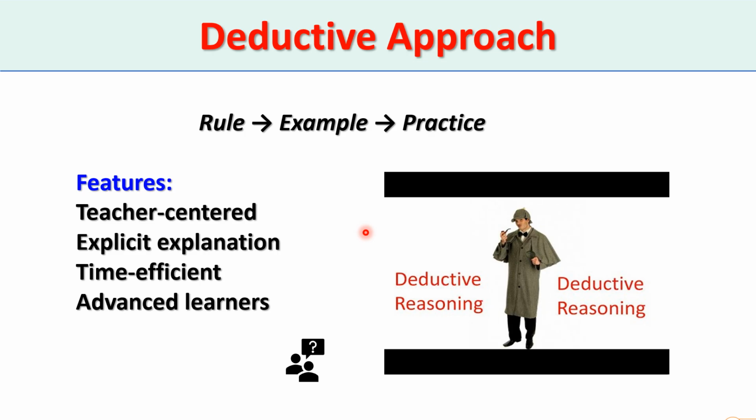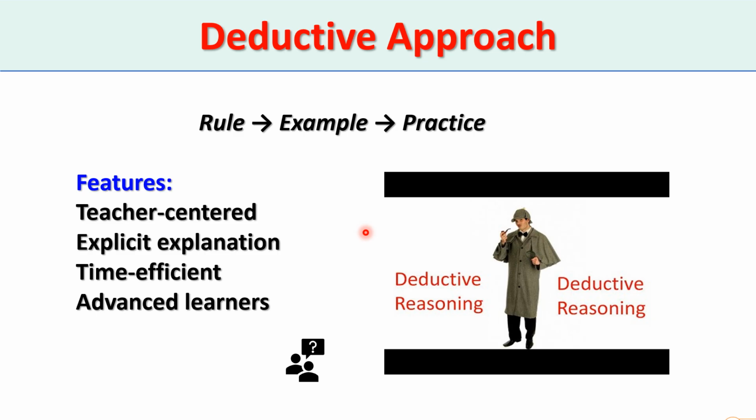And 2, saving time, or time efficiency. Teachers can explain a complete grammar point quickly, which is useful when classroom time is limited, because the teacher can explain to the whole class and the students concentrate on what the teacher explained.